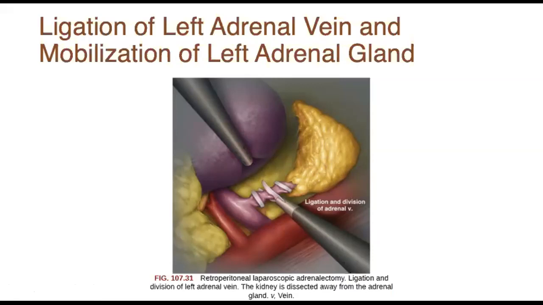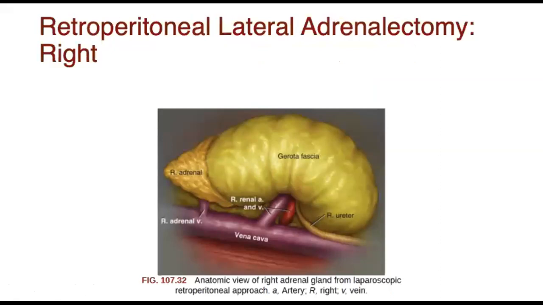So it's a tributary. For the right side, it should be performed in a similar fashion, dissecting cephalad along the inferior vena cava to reach the renal hilum and right adrenal vein. So almost the same. Actually, that's it for adrenal surgery.